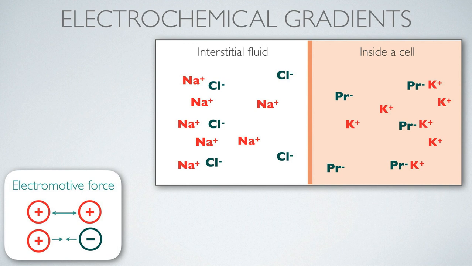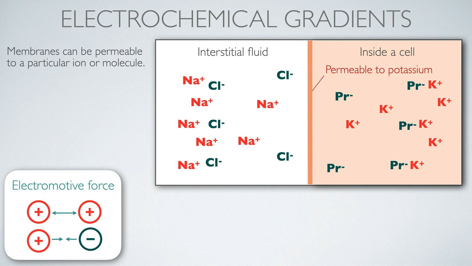And potassium also has a positive charge, and it's in much greater concentration in the interior of cells. Now, this cellular membrane is permeable to potassium. And it is common that membranes are permeable to a particular type of ion. We'll explain later how that's possible. In this case, our membrane is indeed permeable to potassium.